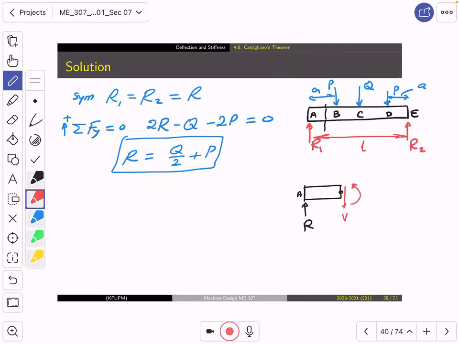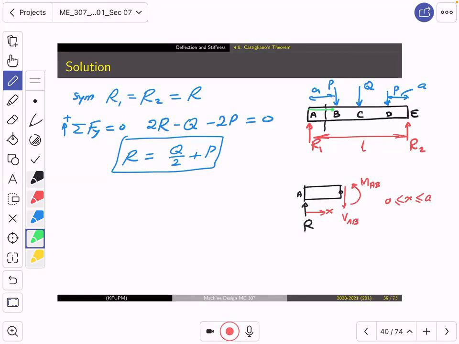I'm going to call this one VAB and this one MAB, because this is what's going on inside the beam. The distance from here to there is X, and I know that X is less than or equal to A and greater than or equal to 0. Why is that? Because I want to know what's happening until over here, just before point P, the force P.